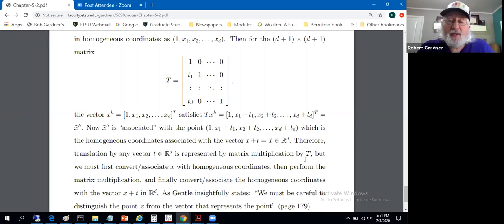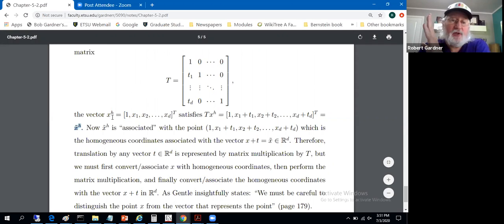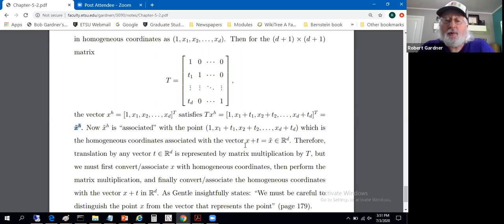Then do the multiplication with a matrix, producing an output, x tilde h, and then you had to convert back, or associate back, or rewrite back. So x to x super h, matrix multiplication to x super h tilde, and then to the transformed vector, x tilde.